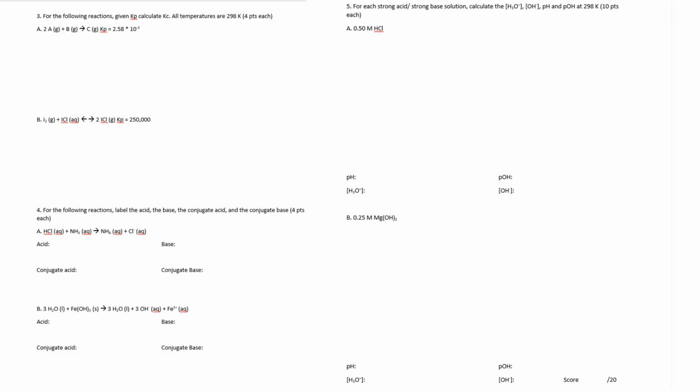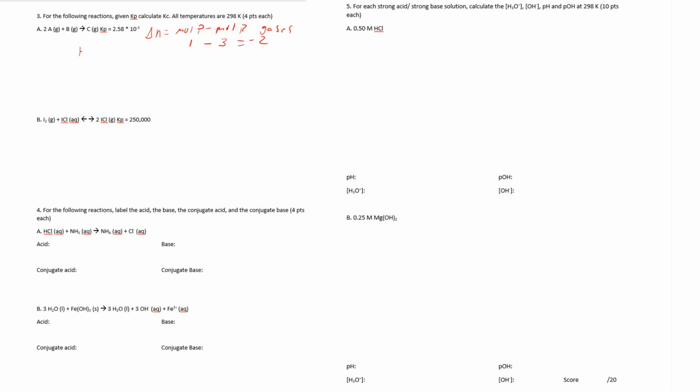Next problems. Alright, given Kp, calculate Kc. So remember, to calculate delta N, it's moles of products minus moles of reactants for gases. Alright, so here we have 1 for the product, 3 as the reactant, is minus 2.